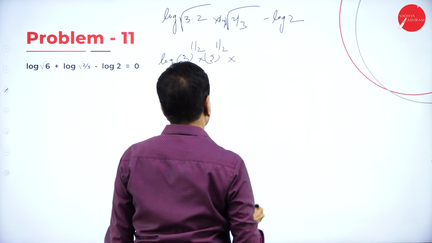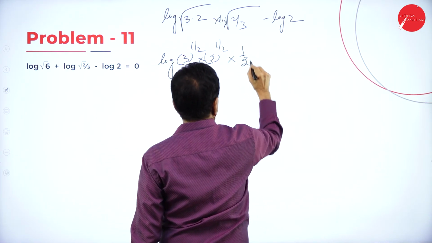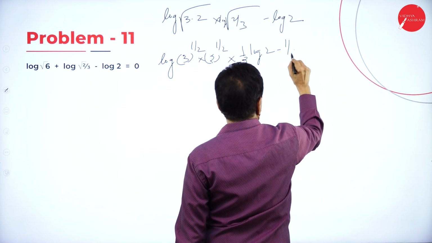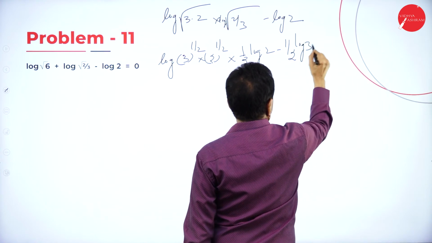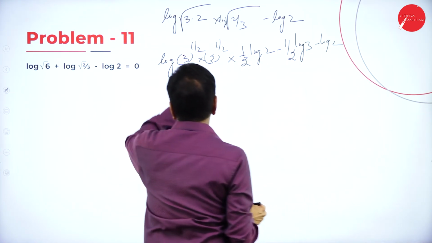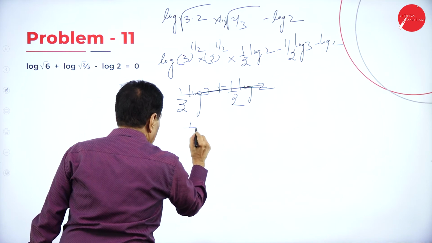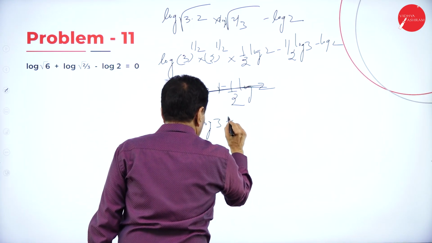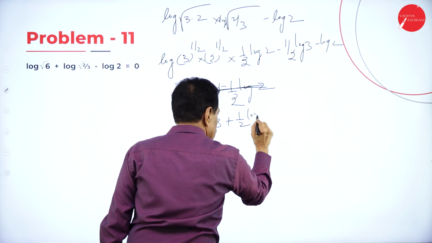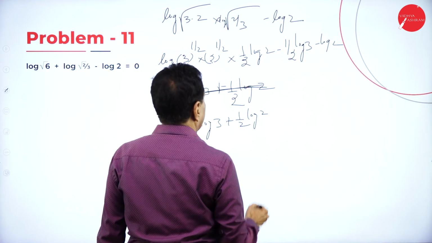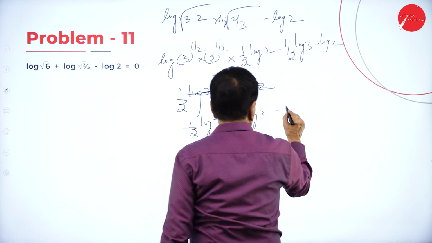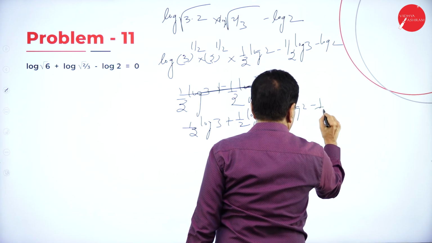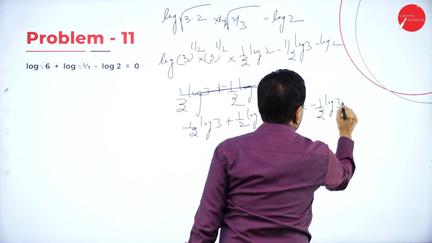This can be written as half log 2 minus half log 3 minus log 2. This can be written as half log 3 plus half log 2, plus half log 2 minus half log 3, minus log 2.